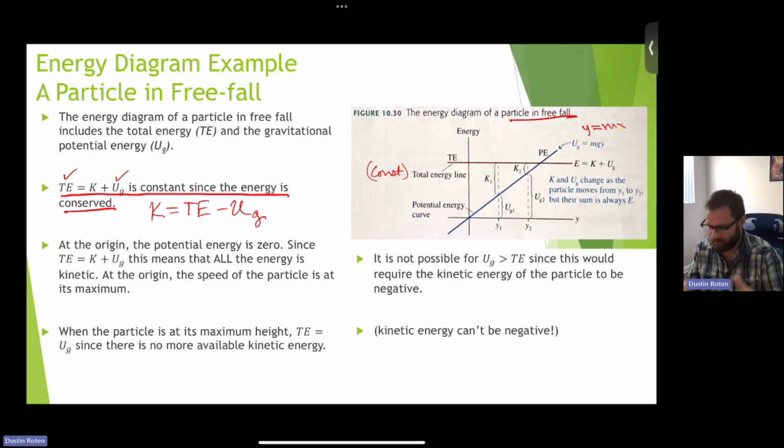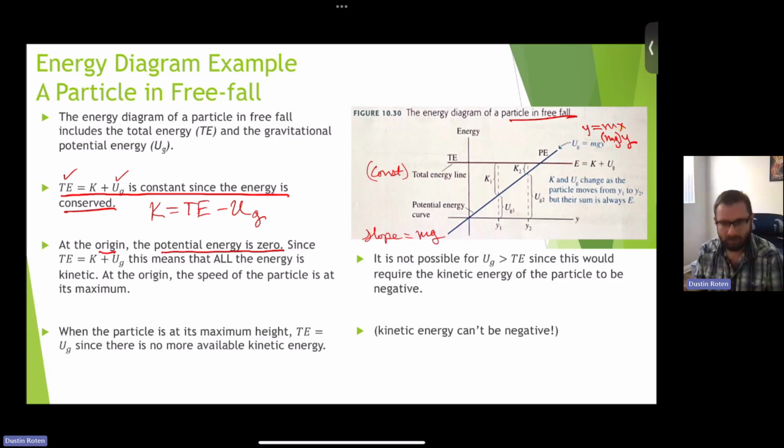No b, b is 0 because it goes through the origin. But look at what we have here. We have mg, and our horizontal variable is y. So it turns out our slope is just the weight of this object, right? So we have the mg of the mgh, that's going to dictate how steep the slope is for our potential energy plot.